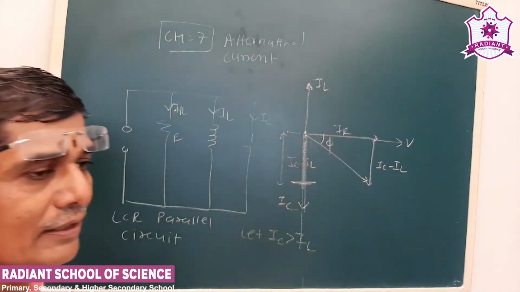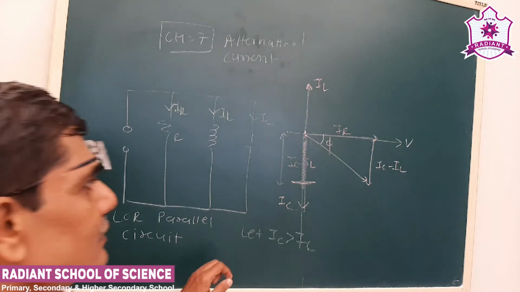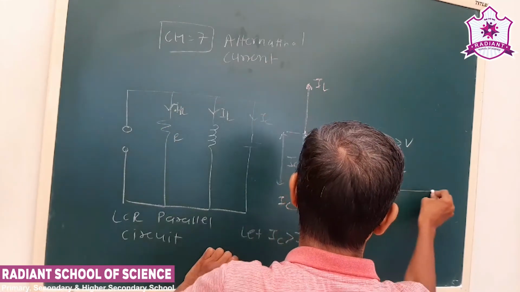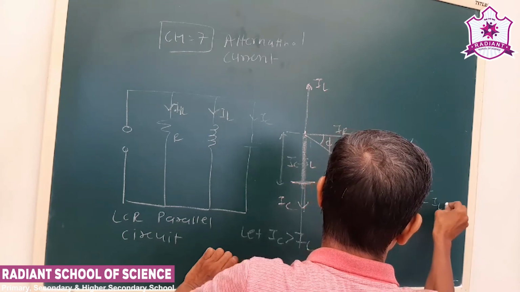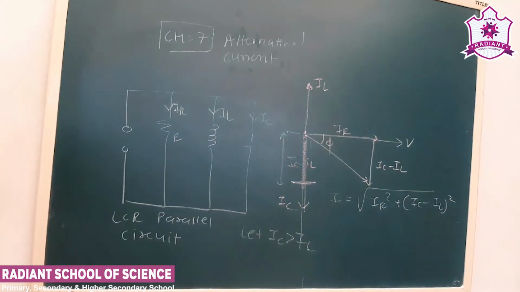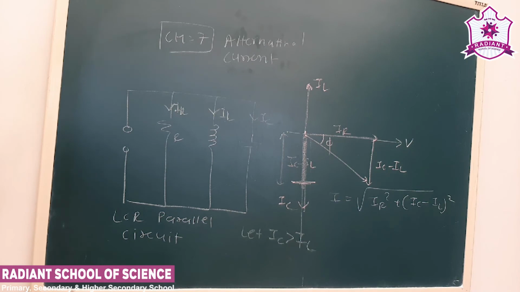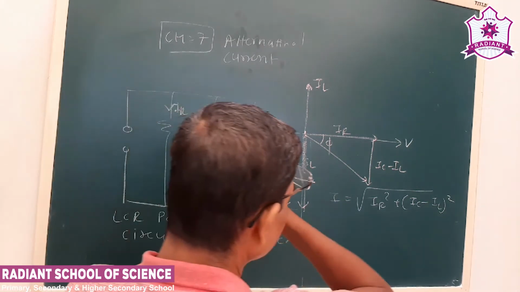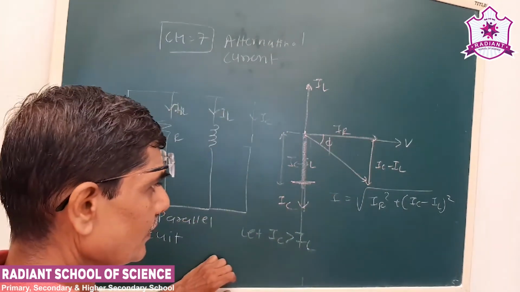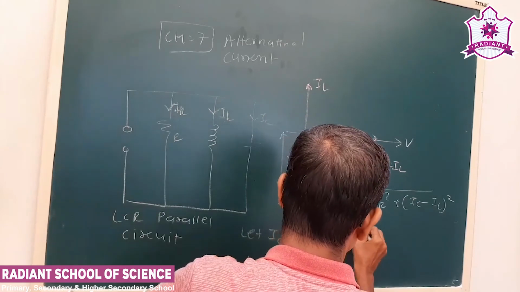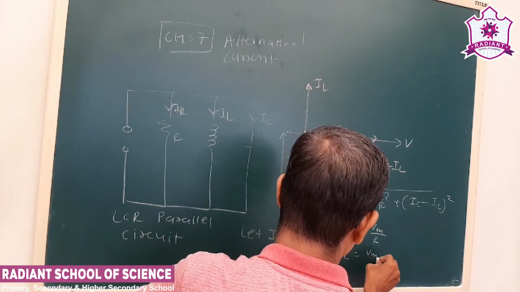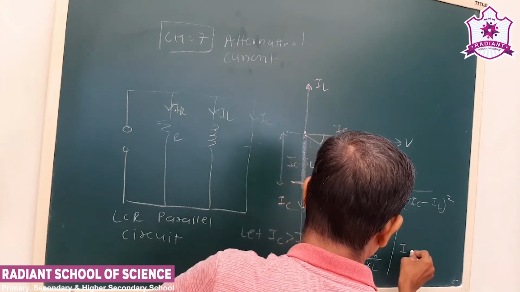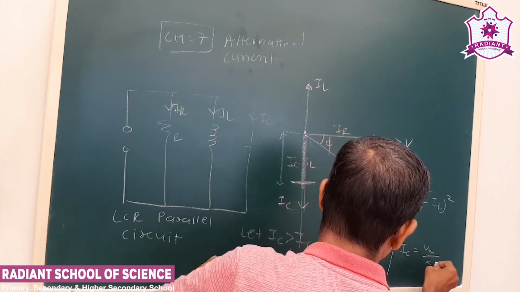Now let us say the angle is phi. So what we can say here is I equals the square root of IR square plus IC minus IL whole square. Now here also we try to obtain the phase difference. IR is Vm by R, IL is Vm by XL, IC will be Vm by XC.